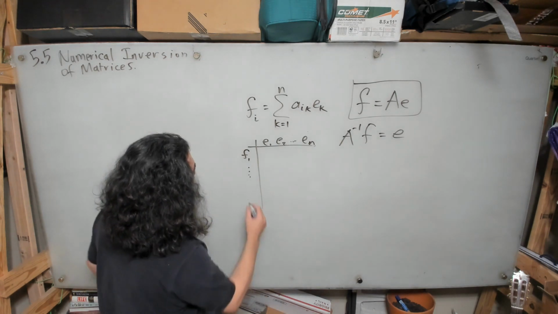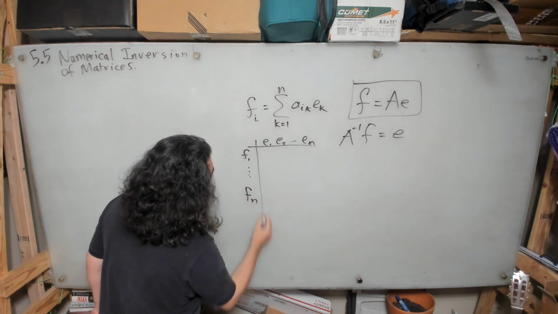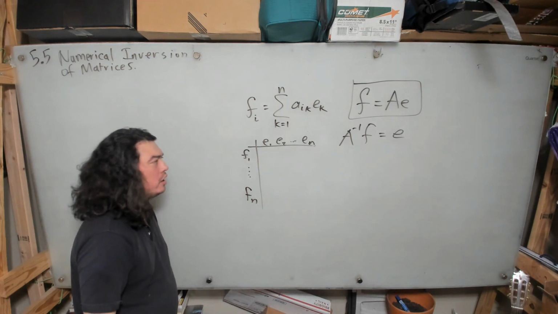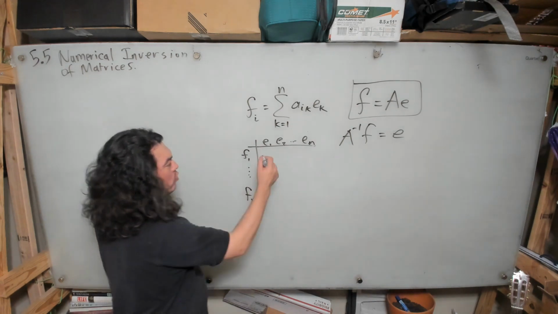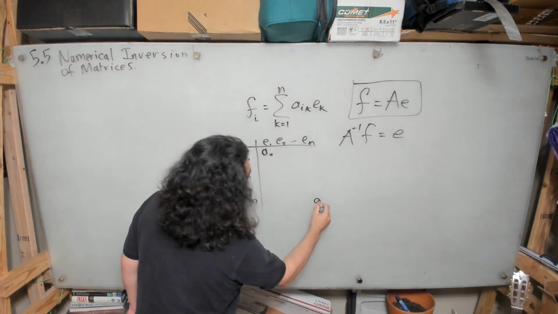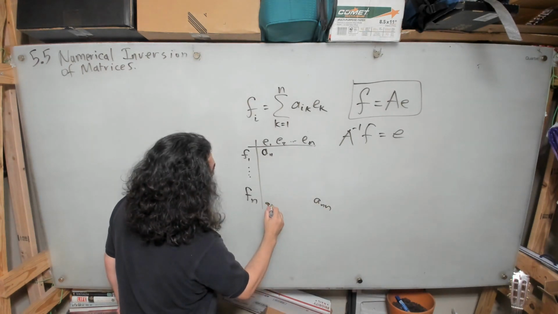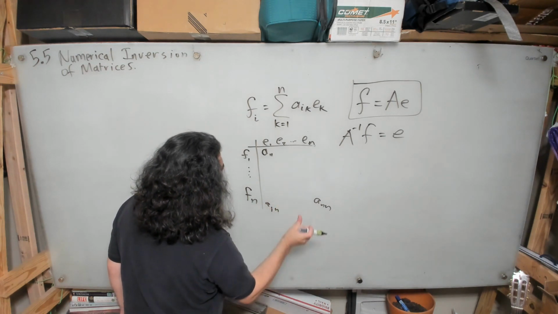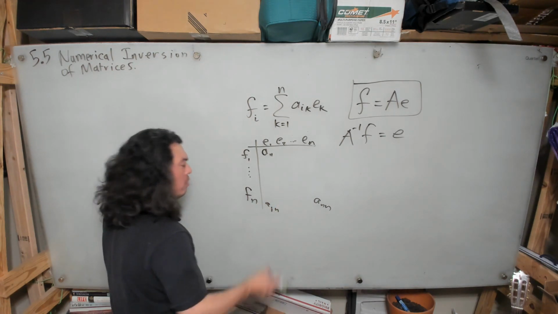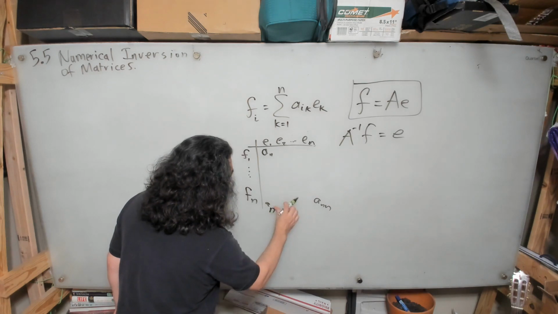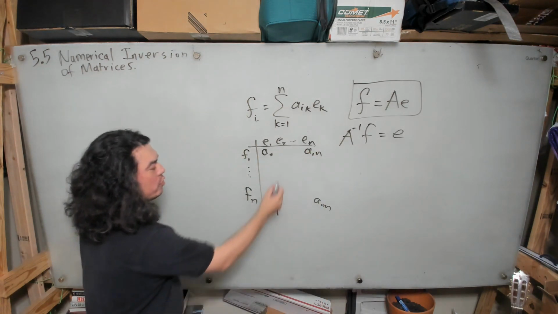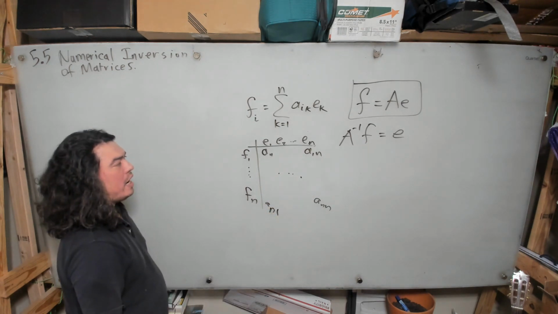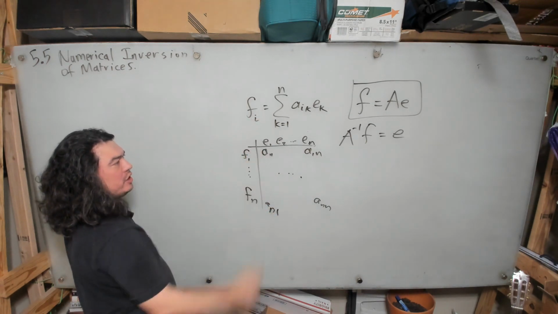Here he's claiming there are n of them, which makes sense because we can only invert square matrices. Here it would be A11 through Ann, with all of these filled in, and so this would represent the original system.